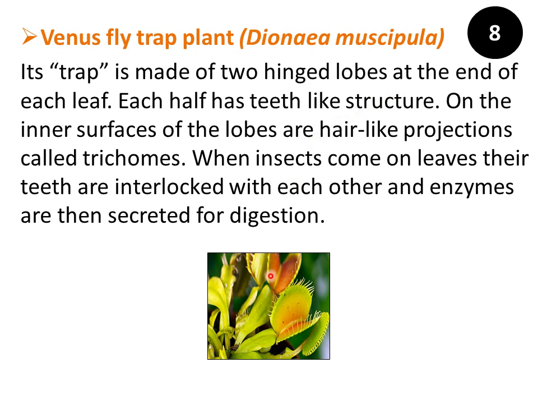You can see that each half has a teeth-like structure, on the inner surface of which there are hair-like projections which are known as trichomes. And when the insects come on these leaves, their teeth get interlocked with each other, and then the enzymes are secreted here for digestion. I hope you have got this point.